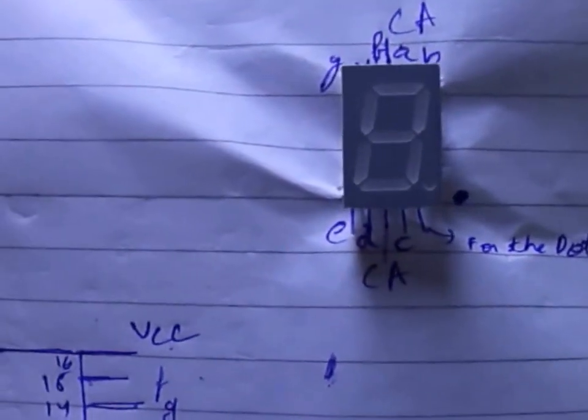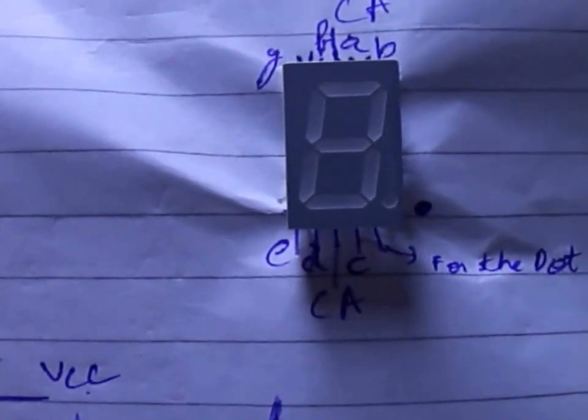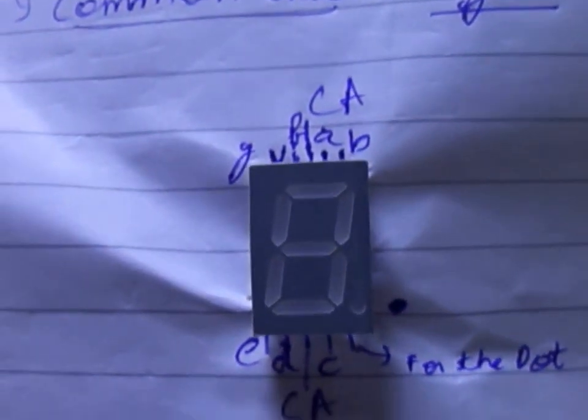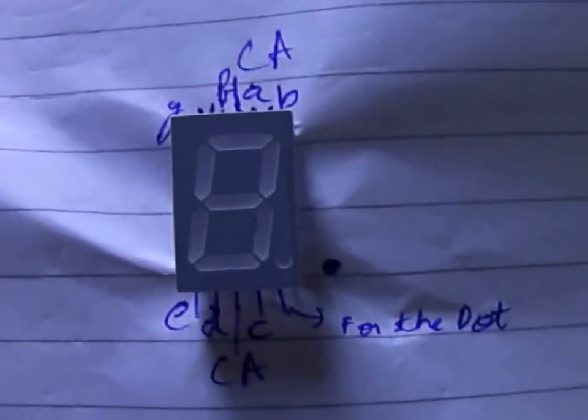So now, how these are joined. You can see the different terminals of this 7 segment LED. There are 5 terminals, 1, 2, 3, 4 and 5. The middle one is always the common anode terminal, because this is a common anode type 7 segment LED.